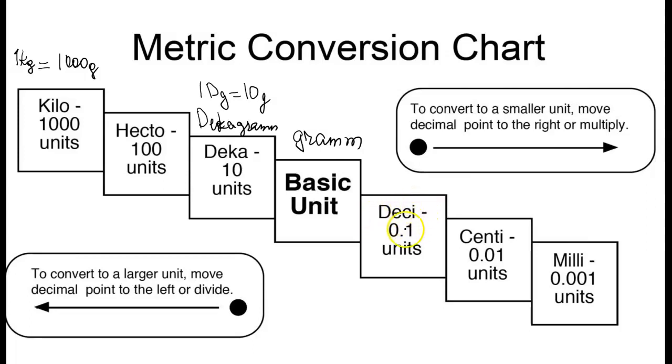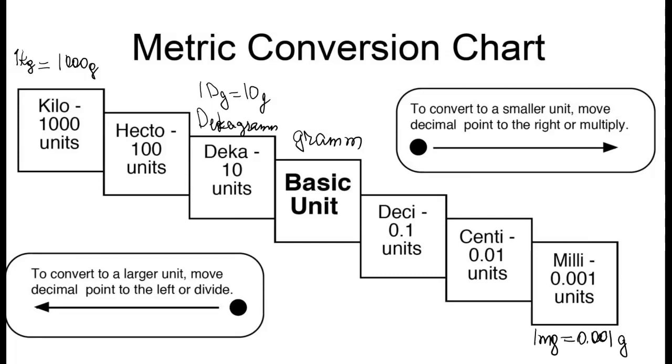Deci is 10 times smaller than the basic unit, centi is 100 times smaller, and milli is 1,000 times smaller. So 1 milligram is 0.001 grams. It's 1 divided by 1,000 gram, one part out of 1,000.